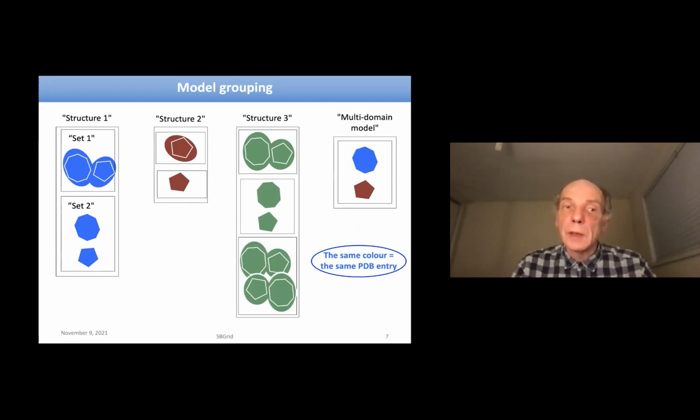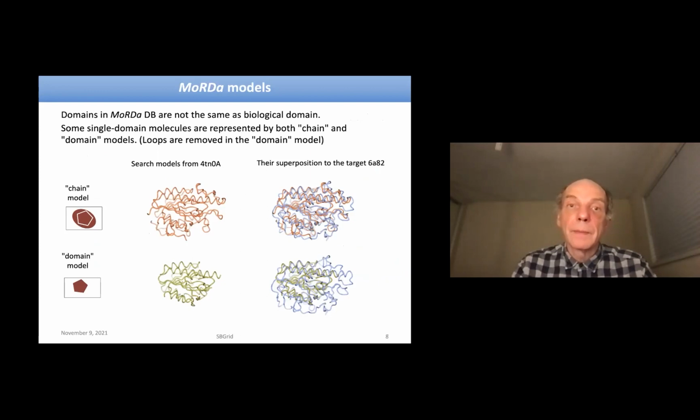Each contains sets of models. Some of the sets contain 2 or more models, and I will talk about it later. There are chains and domains from the same PDB entry, and we'll look at how that is defined.